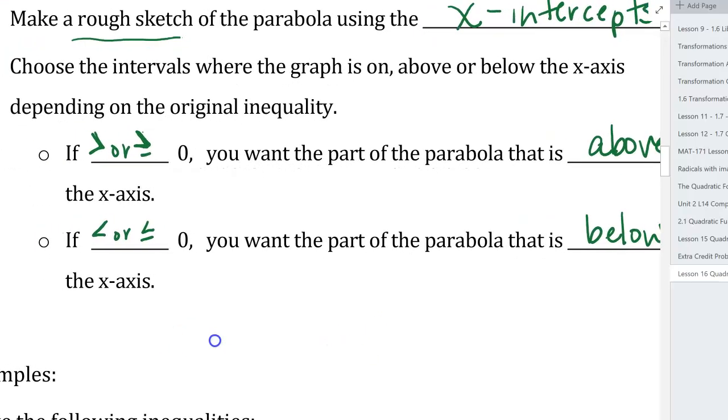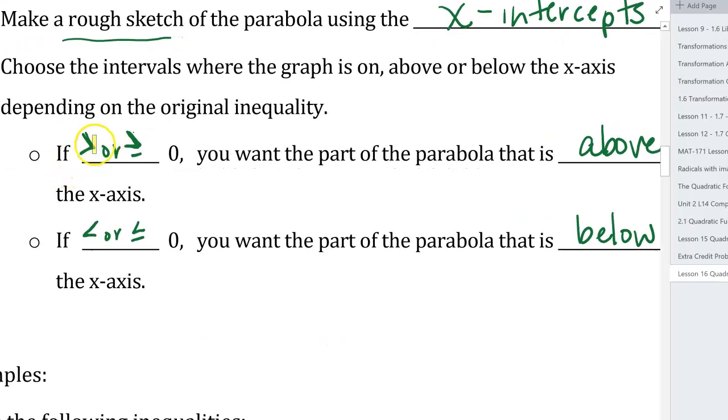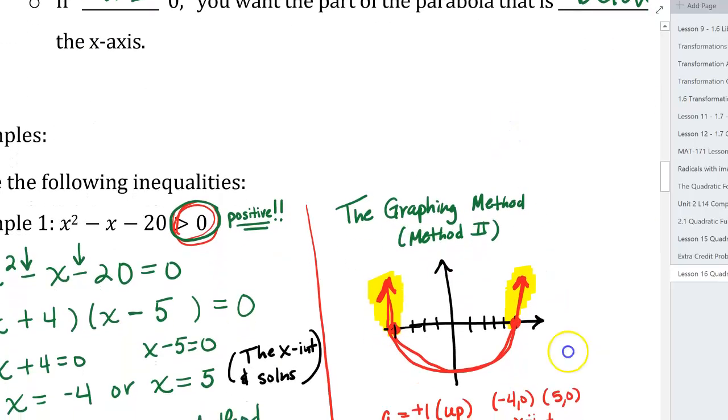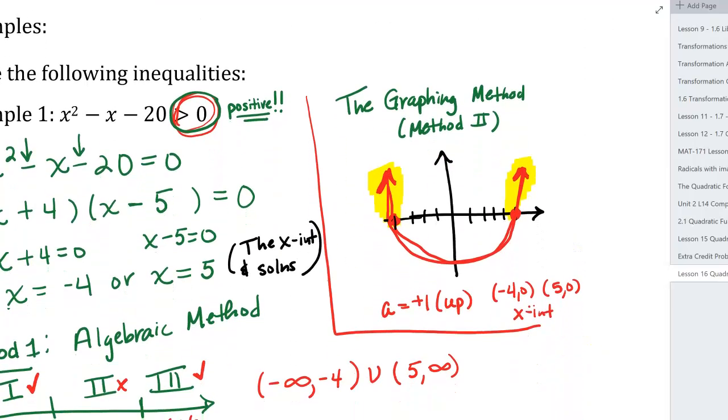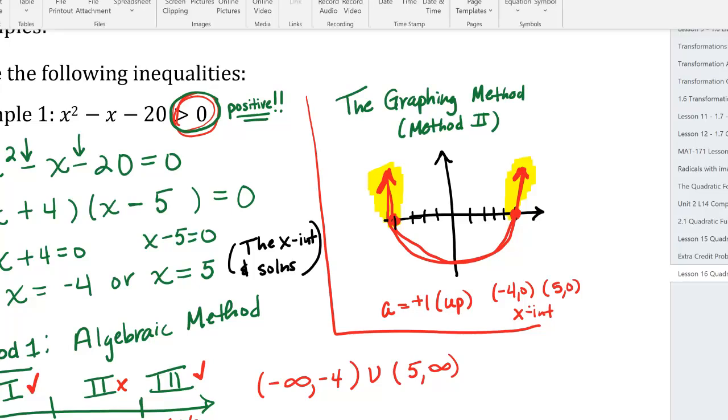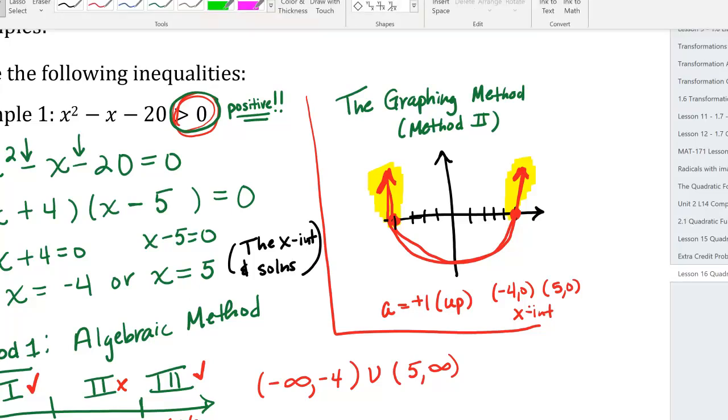So that's what I meant here. If the inequality is greater than or greater than or equal to, you're looking for where it is above the x-axis.